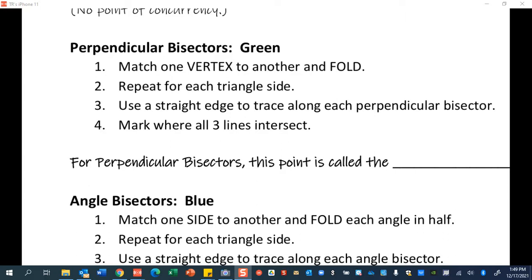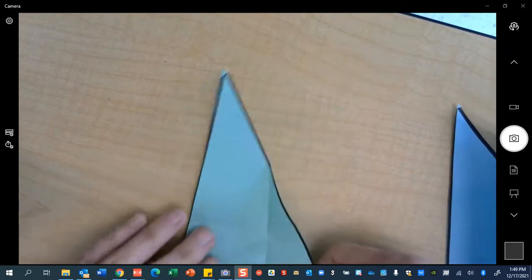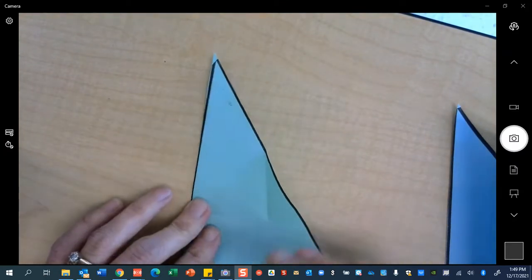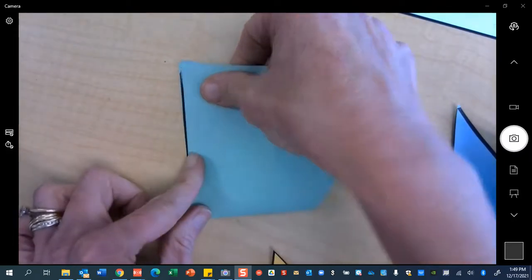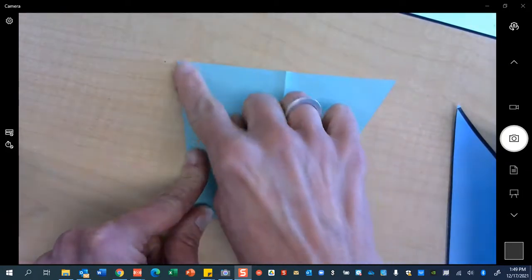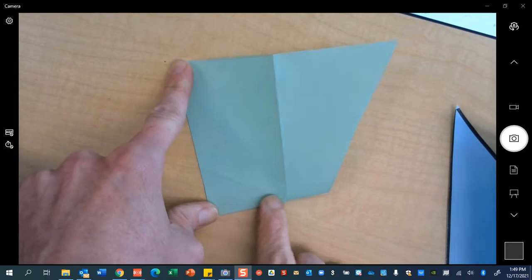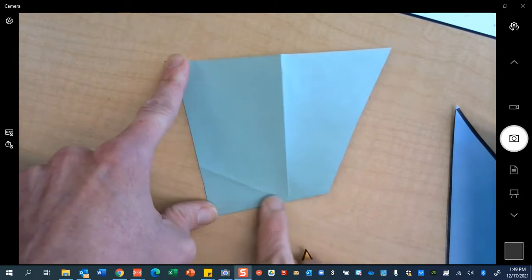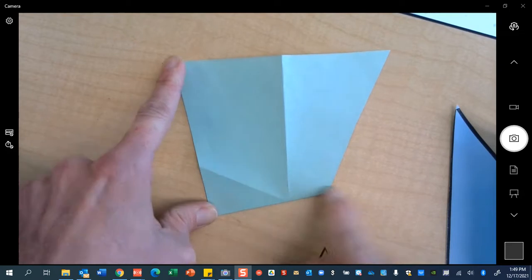So you are going to create your perpendicular bisector. When you create your perpendicular bisector, you are going to again match vertex to vertex. Make sure that your edges line up so nice and neatly. And then instead of just pinching, you're going to fold. So you're going to make a lovely crease, pressing your finger down and tracing.